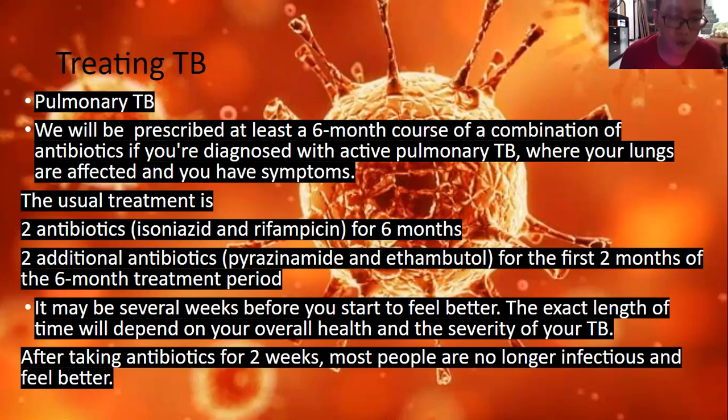It may be several weeks before you start to feel better. The exact length of time will depend on your overall health and the severity of your TB. After taking antibiotics for 2 weeks, most people are no longer infectious and feel better than before.